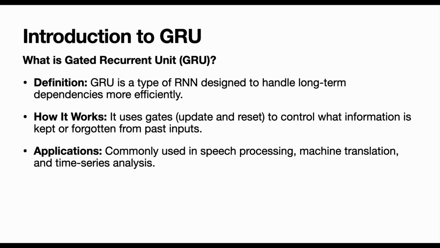This makes GRUs highly effective in tasks like speech processing, machine translation, and time series analysis, where remembering important past information is crucial for accurate predictions. GRUs are preferred in many cases because they simplify the process while being computationally efficient.